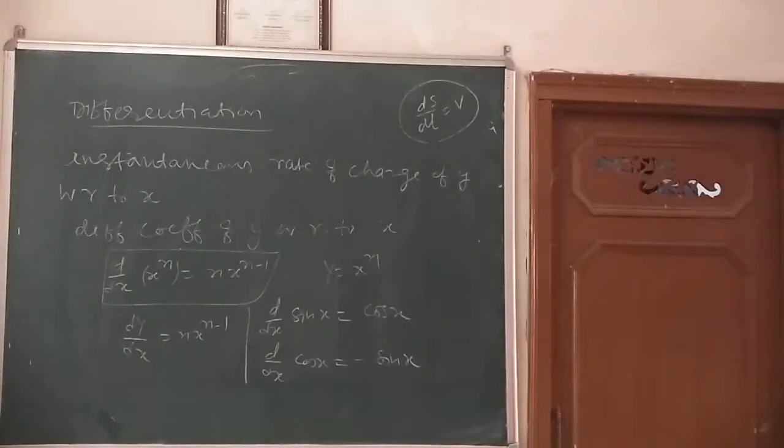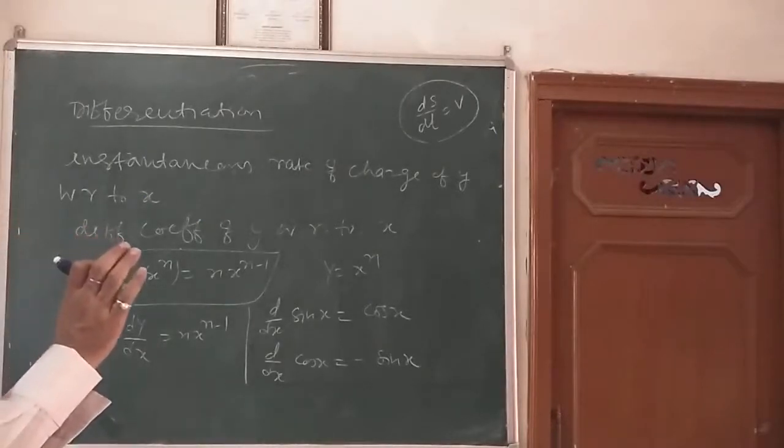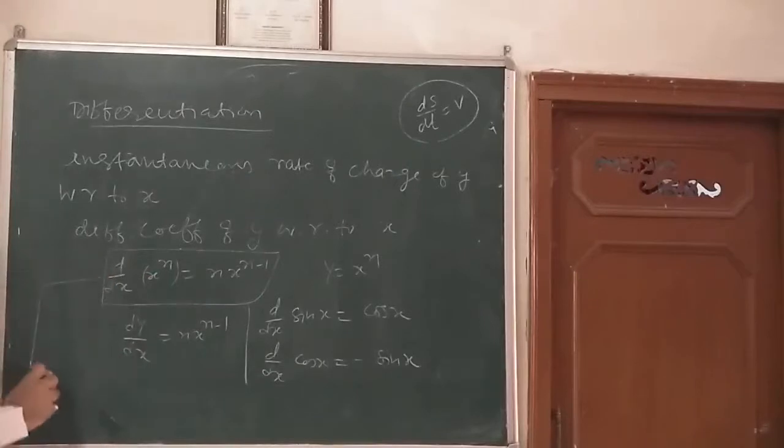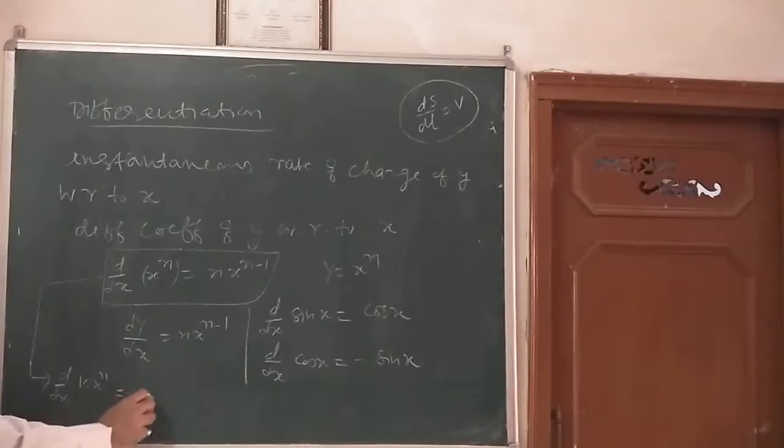These three formulas are sufficient in our physics. Or this formula can be rewritten: dy dx of k x to the power n, differentiation with respect to x. K is a constant, may be taken out: k n x to the power n minus 1. This is the result.